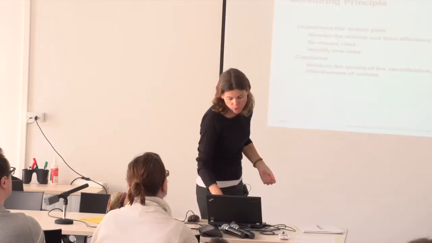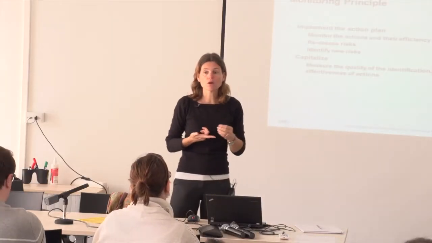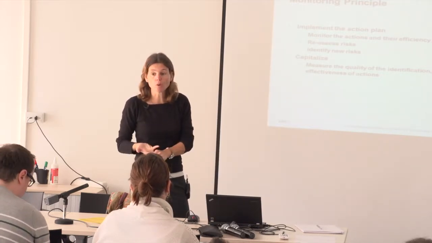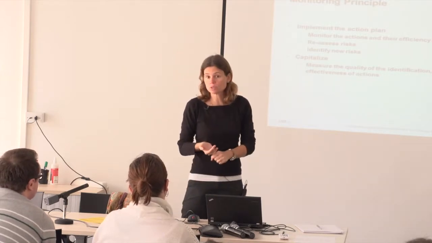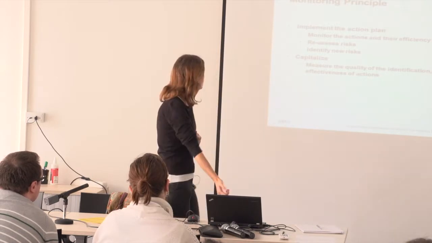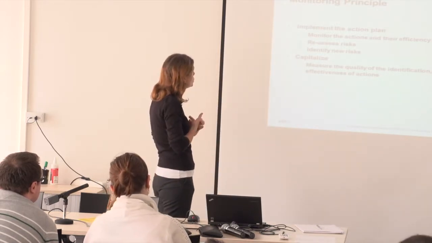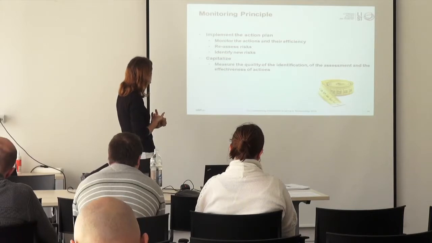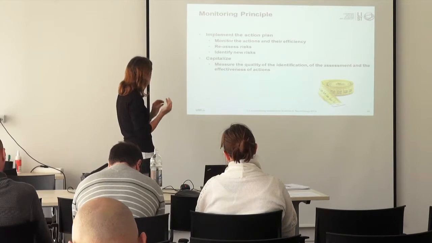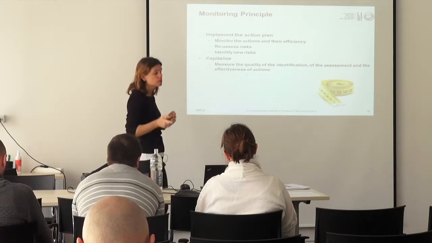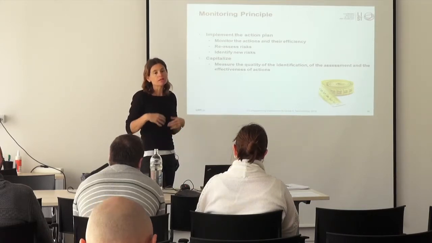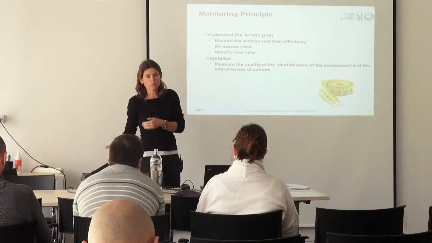So it's all a question of understanding what you've done: was it efficient, do you need to do more, do you need to do less, are there some new risks, and the risks that were already there, have they evolved? So what you want to do is implement the action plan, monitor the actions, reassess the risk, identify new risks, and capitalization, even if most of the time you don't do it, or you do it at the end of the project.